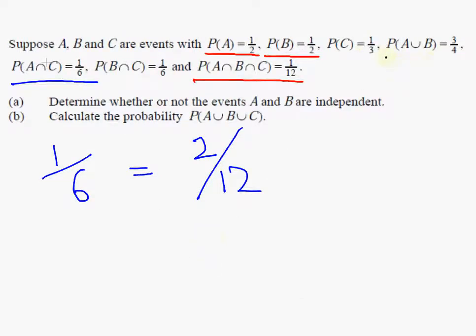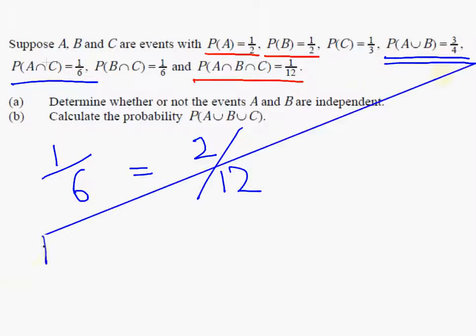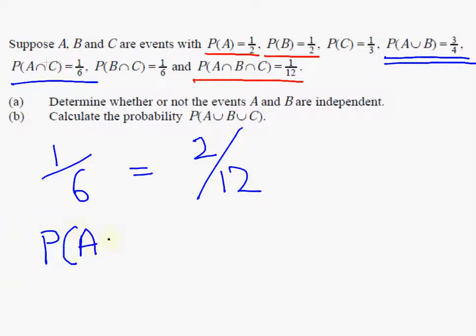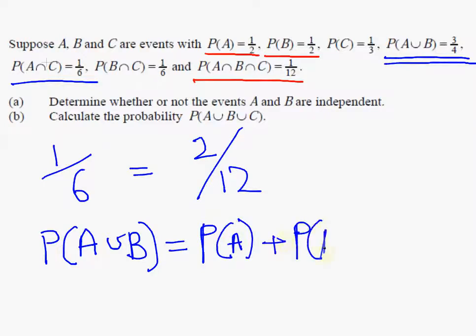First off, we're going to base it on this part here, probability of A union B. So the probability of A union B is the probability of A, which we know, plus the probability of B, which we also know, minus the probability of A intersection B. That's the addition rule.